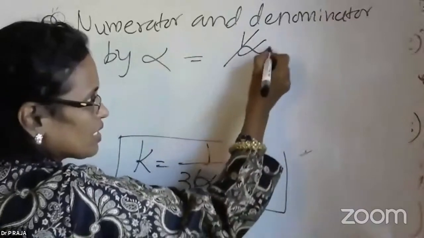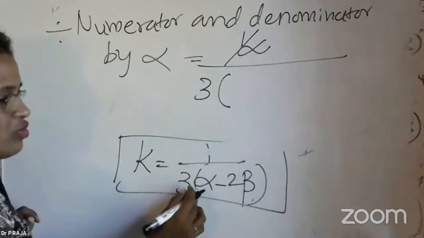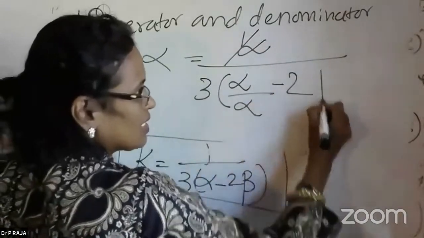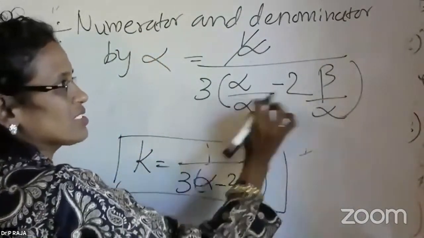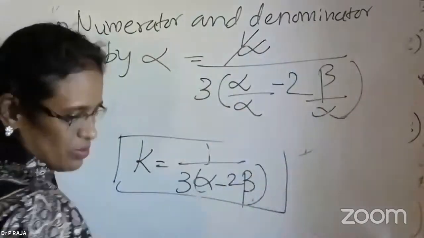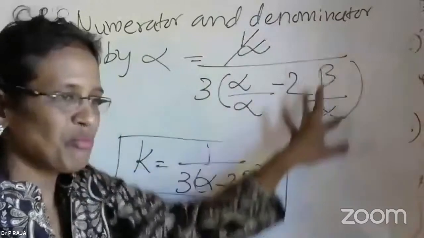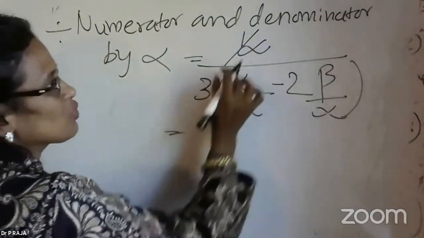The numerator I'm going to divide by alpha, and the denominator also by alpha. Is that clear to you? Why I'm doing this is, you will find that now we will come back to alpha and the Poisson's ratio. Now what is 1 by alpha?